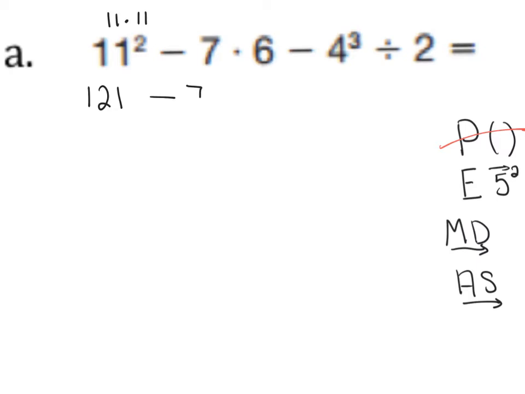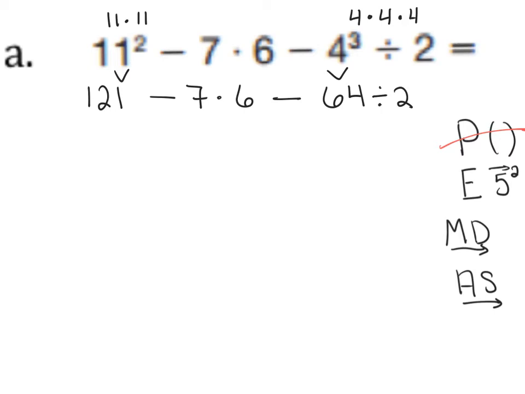And then I'm going to drop everything down. 7 times 6 minus, and we're actually going to go ahead and do this exponent as well because it's not being affected by the 11 squared. So 4 to the 3rd power means 4 times 4 times 4, which is 4 times 4 is 16, times another 4 is 64, divided by 2.